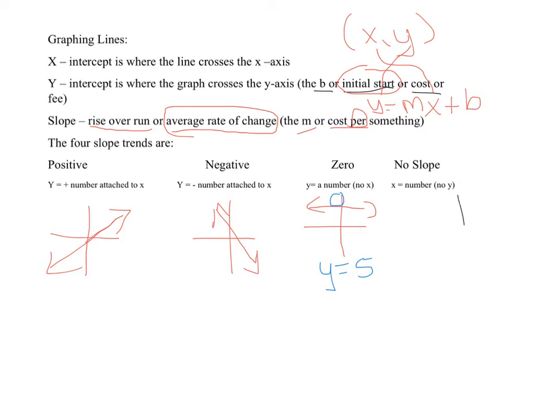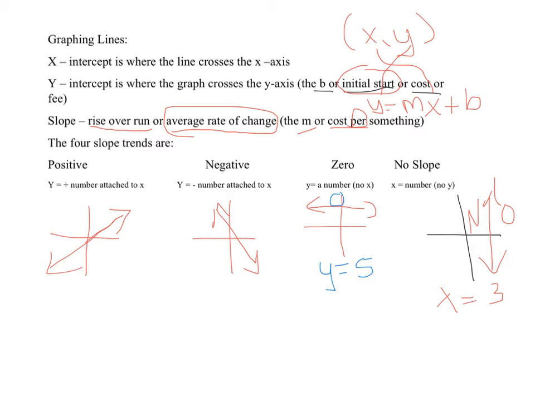For no slope, if I drew my x and y axes, my line would look like this. And how do I remember that? N, O, no slope. I break up the word no, so it's NO, no slope. And if I were to write an equation, it would say x equals, in this case, 3.